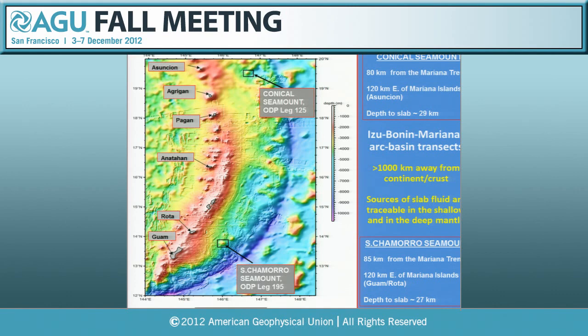They are located about 80 kilometers from the Marianas Trench and about 120 kilometers away from the volcanic front. So they are in a medium position, which allows us to see what is happening between the time that the slabs begin to subduct and the volcanism that occurs in the arc.